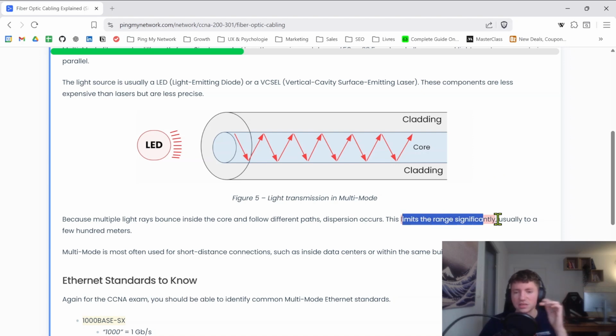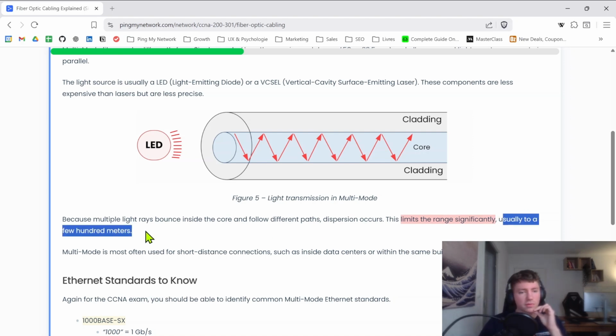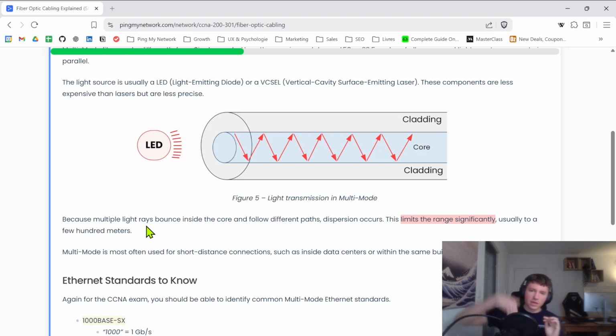This limits the range significantly, usually to a few hundred meters. So single mode fiber reaches 5 to 10 kilometers, and multi-mode fiber reflects multiple light rays, so around 100 meters.